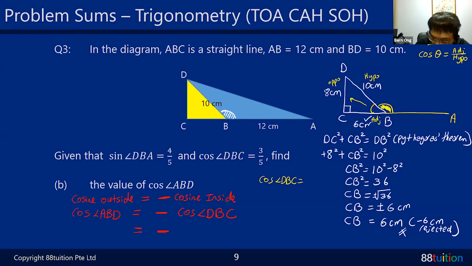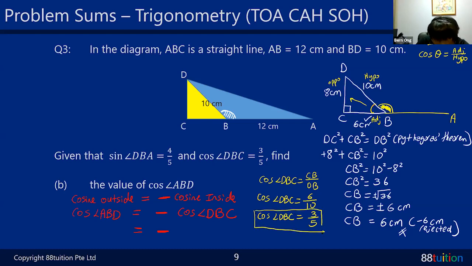Cosine is adjacent over hypotenuse. Adjacent is your CB against your hypotenuse, which is your DB. So cosine DBC is equal to CB, which is 6, over DB, which is 10. Reduced to lowest terms, it is 3 over 5. Always try to reduce to the simplest form as best as you can. So cosine DBC is equal to 3 over 5. And that is your answer. That's all.